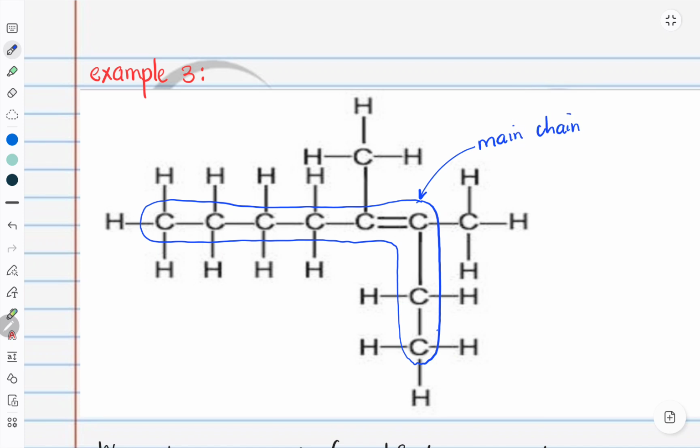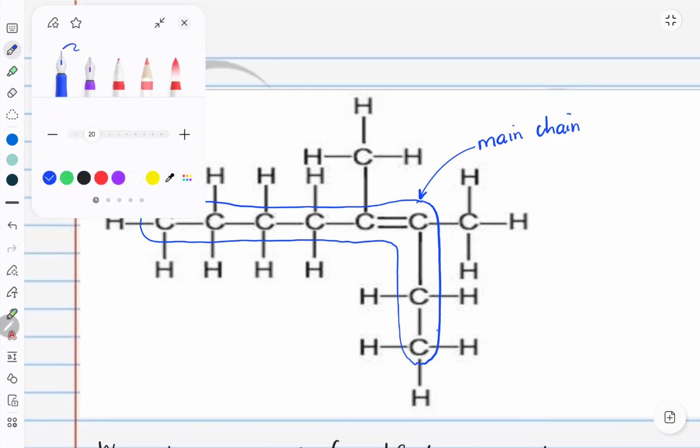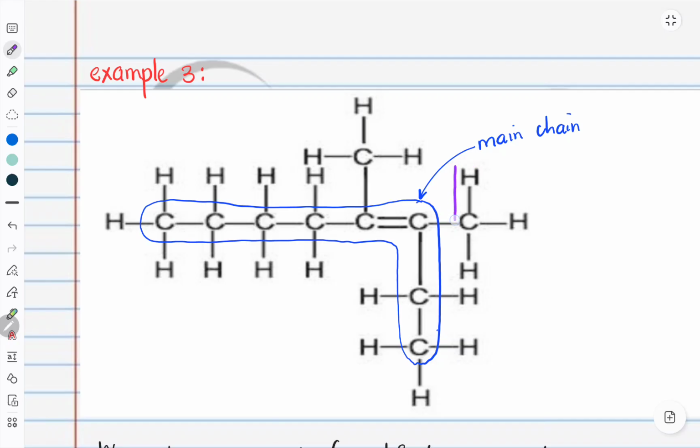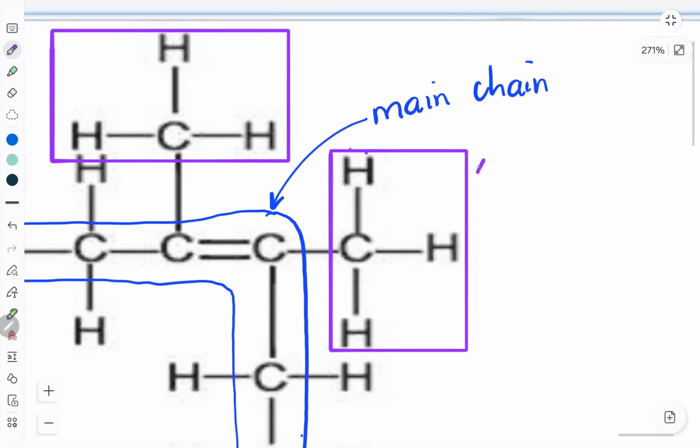Okay, now if you check from our main chain, we see two structures that are outside it, our alkyl groups. This is alkyl group number 1. And then this is alkyl group number 2. Since it has one carbon atom, it's a methyl.